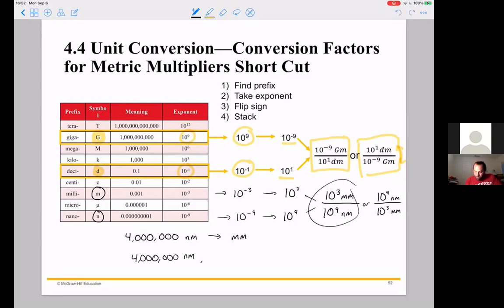Which one would I use, the one on the left or the one on the right? Remember, I need my nanometers to cancel. So I'm going to use the one on the left because that has nanometers on the bottom. So 10 to the 9 nanometers to 10 to the 3 millimeters. Punch that into your calculator and you would get 4.